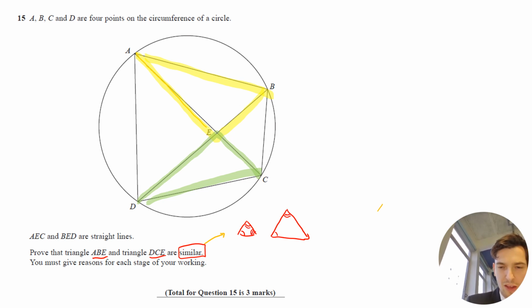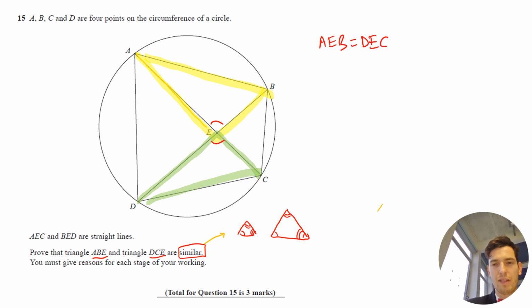So I need to show that some of the angles are the same to show that they are similar. So which two angles are the same? Well, the first one that jumps out to me are those two. So AEB equals DEC. And the reason is that vertically opposite angles are equal.